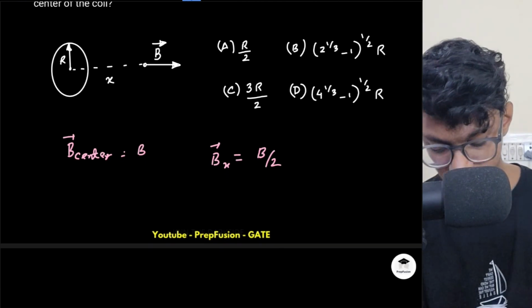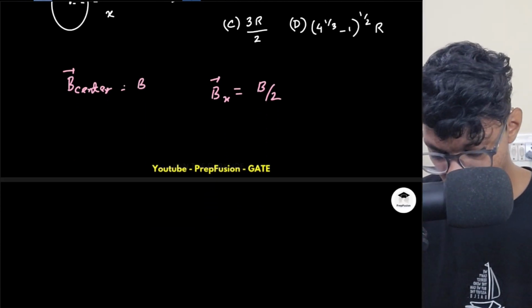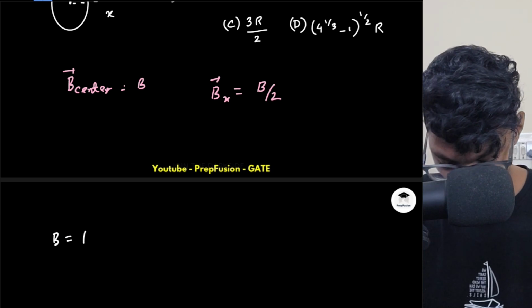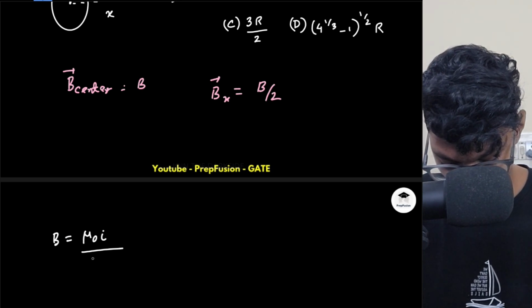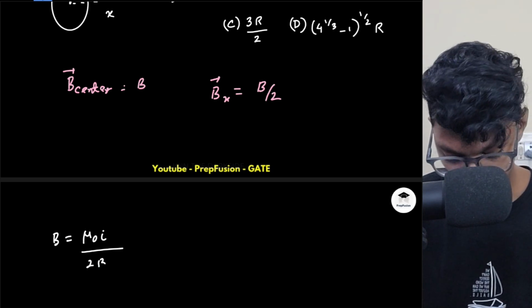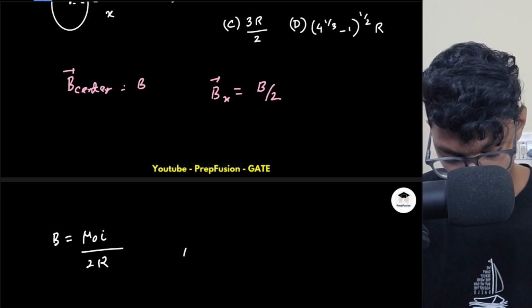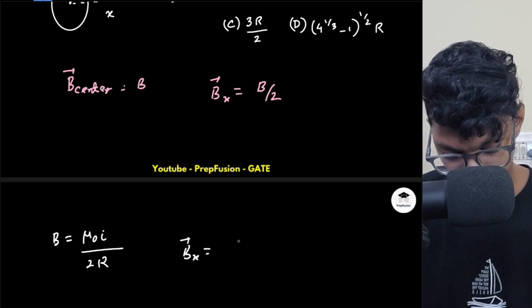How do I compute? I have to compare the expressions. For the center, I know the magnetic field is mu naught I by 2r. What about B at x? I have just derived the formula.